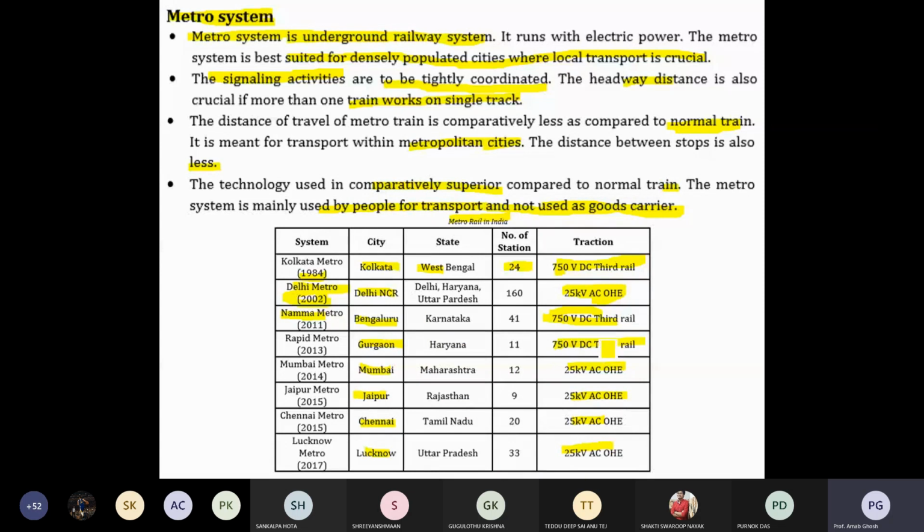So why do underground metros use 750 volt? Underground metro means the third line is installed just above the earth, and earth potential is 0.